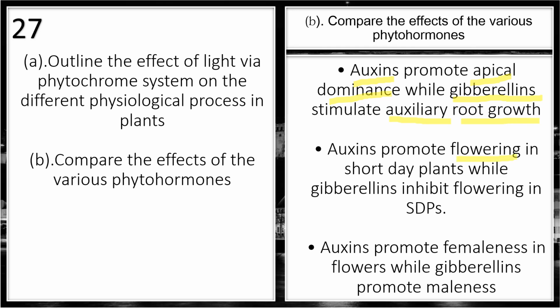Auxins promote flowering in short-day plants, while gibberellins inhibit flowering in short-day plants. Auxins promote femaleness in flowers, while gibberellins promote maleness.